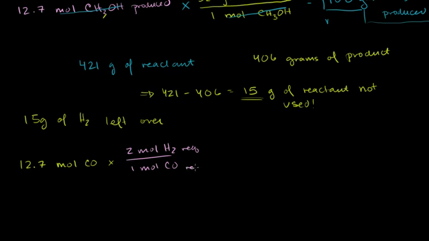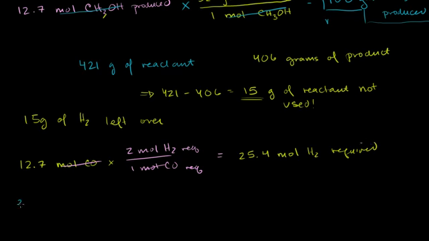That is required. So this cancels with that. 12.7 times 2 is 25.4 moles of H2 required. And what is the mass of 25.4 moles of H2?